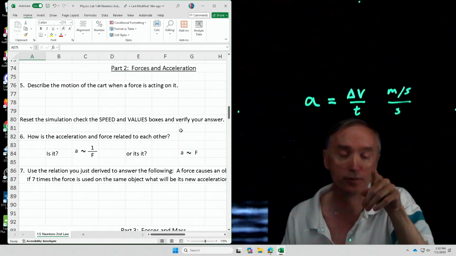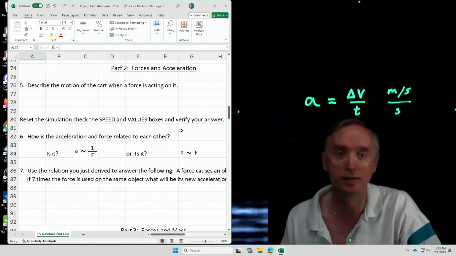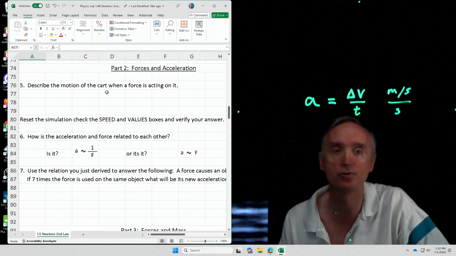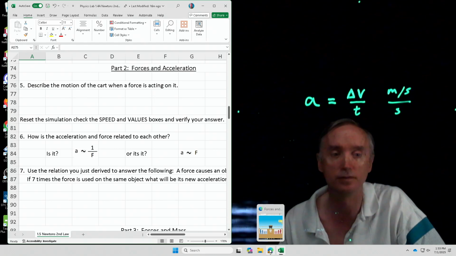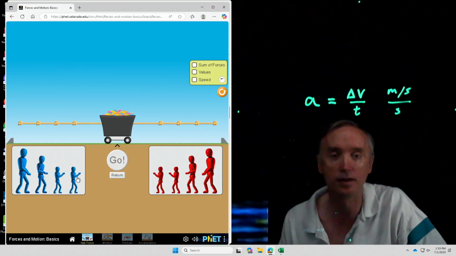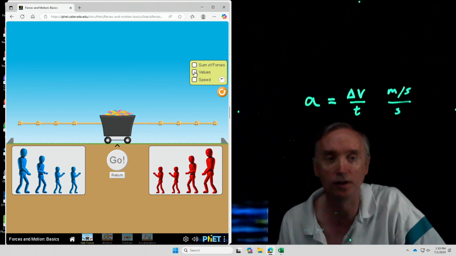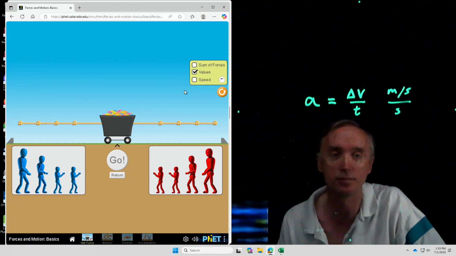So the next part says to describe the motion of the cart when a force is acting on it. If we go back to the simulation here, we do need to click on the values, and at first let's not click on the speed.